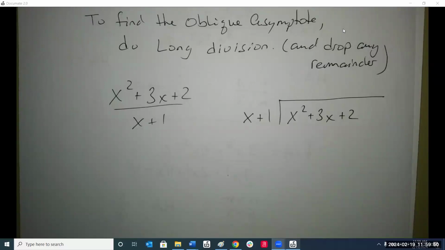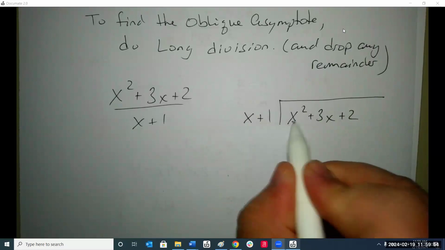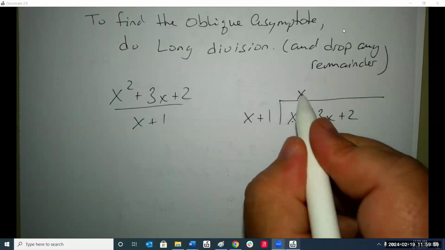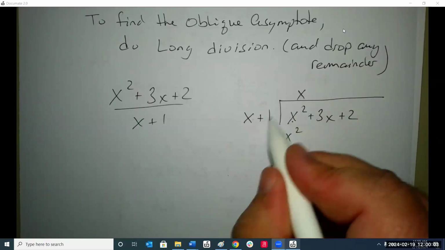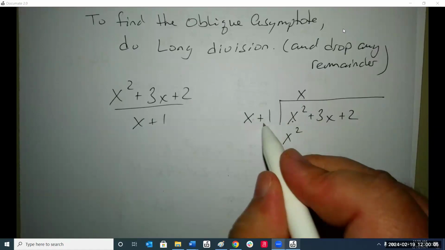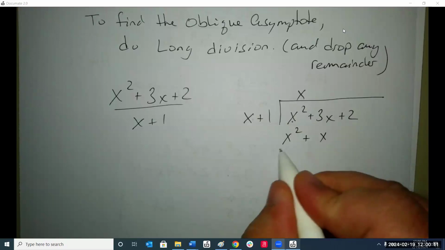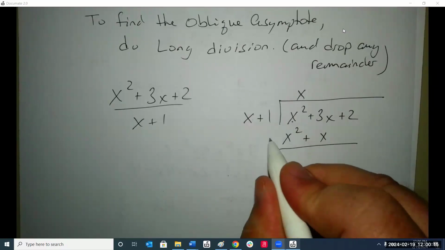So x times what gives me x squared? x. x times x is x squared. x times 1 is x. Change the signs and add. 3 minus 1 is 2x. Bring down the 2. What times x gives me 2x?